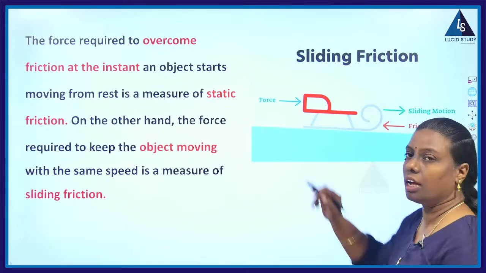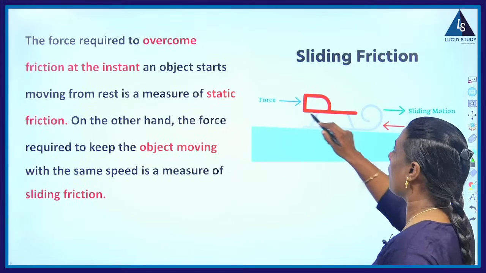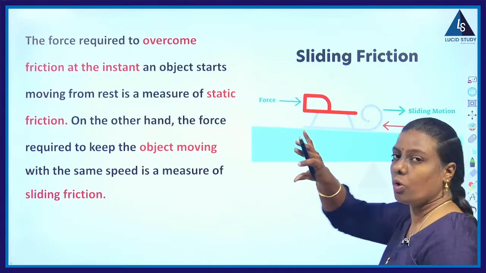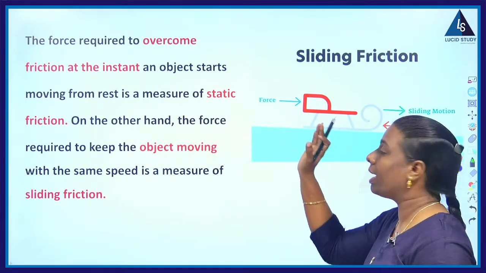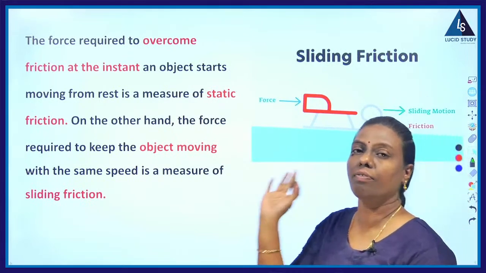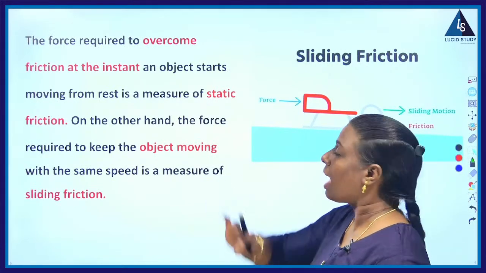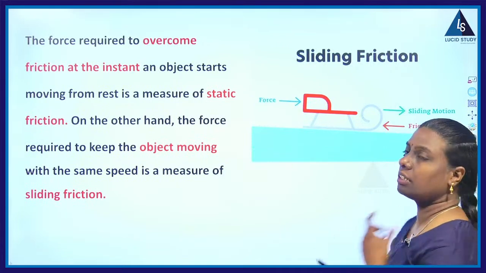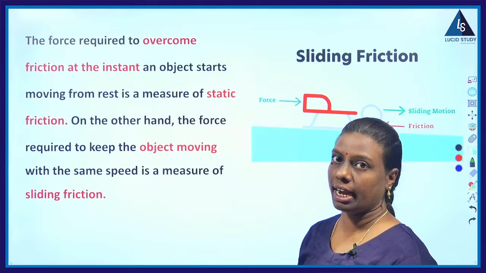You can observe here the force applied on an object so that it is going to slide. When it is starting to slide, that friction is called static friction, and when it is sliding over the surface, that is called sliding friction.